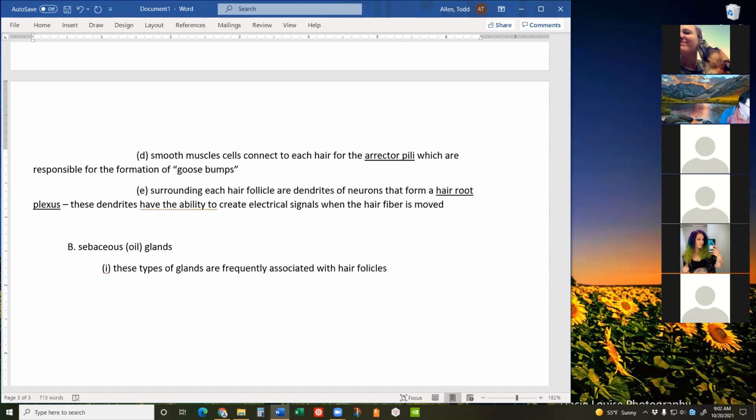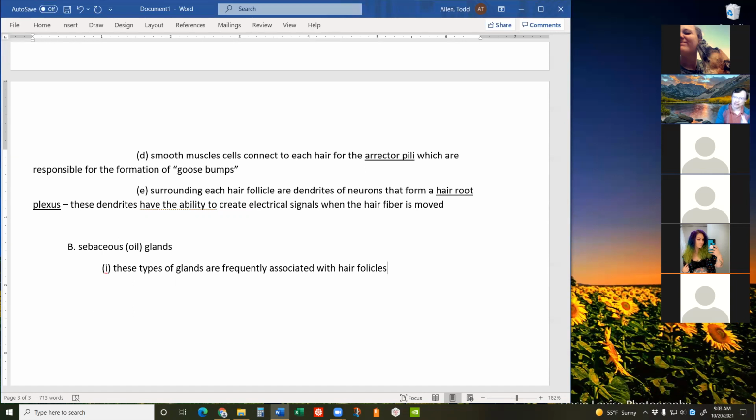If you look at figure 5.4, in picture A you can see a sebaceous gland. If you follow it up towards the surface of the skin, you notice that it opens onto the surface of the hair itself.